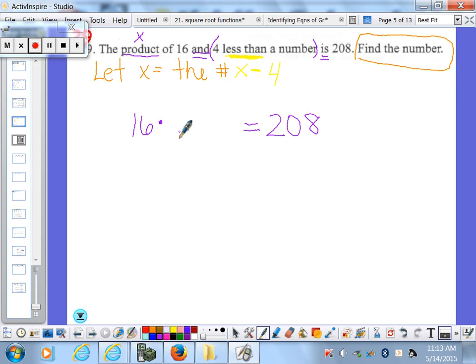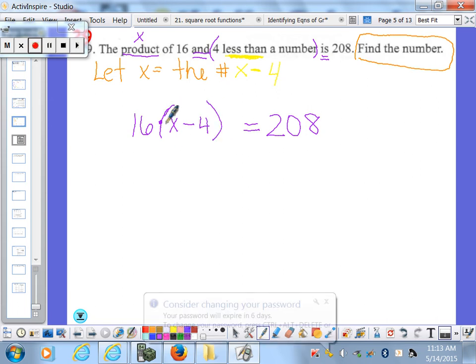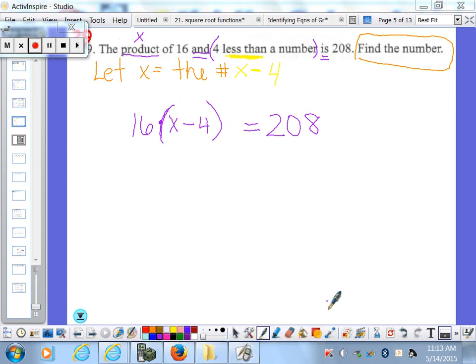So in my equation down here, it's the product of 16 and 4 less than a number. Please make sure when you're setting up a problem that involves multiplication and you have parentheses, you can just put it next to whatever you are multiplying. I'm hoping at this point you see what you need to do here. When you see parentheses, something should go off in your mind as to what you need to do, and I'm hoping that you notice it is to distribute.